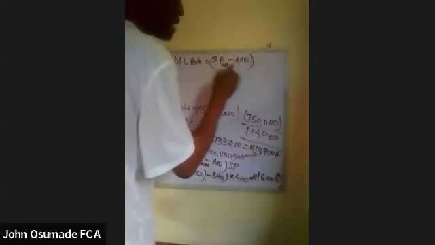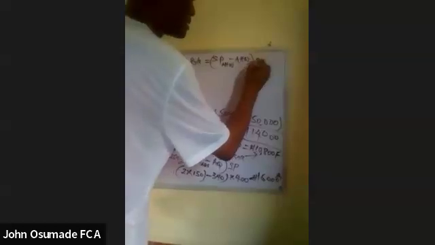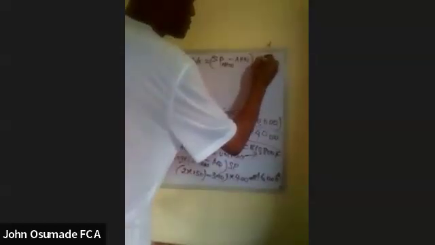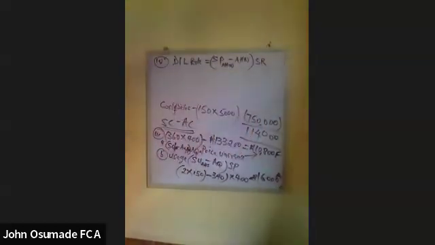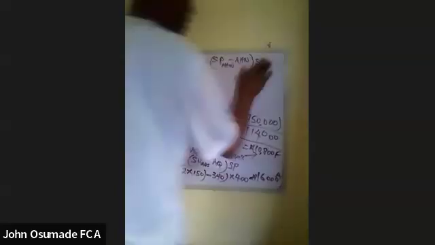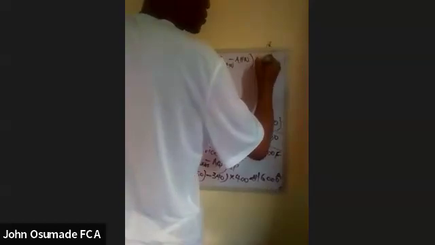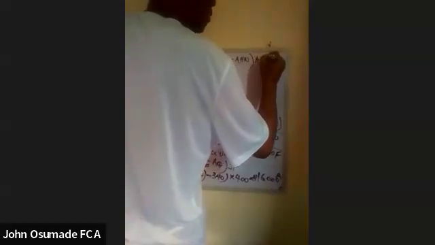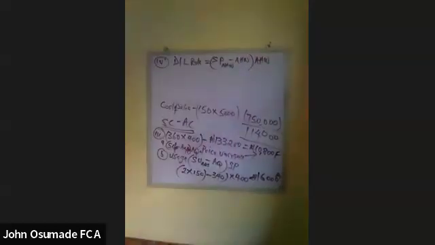I told you when it is price, it will be standard rate multiplied by actual hour worked. Sorry, actual hour worked is quantity. Actual hour worked, that is actual quantity worked. That would be the formula.